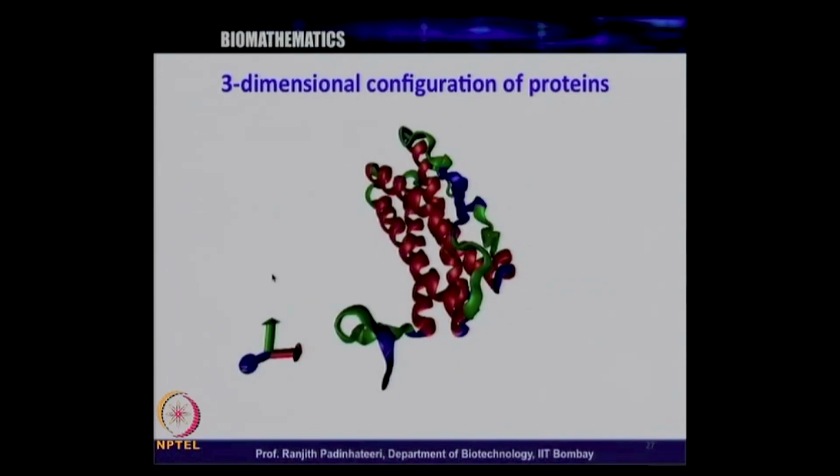To understand this 3D geometry, one has to know some basics of mathematics: coordinates, Cartesian coordinates, the idea of a helix, planes, and all that. Basically, what I am trying to say is that one needs to understand some basic mathematics to understand the 3D structure of a protein. That is another example clearly where we need mathematics.